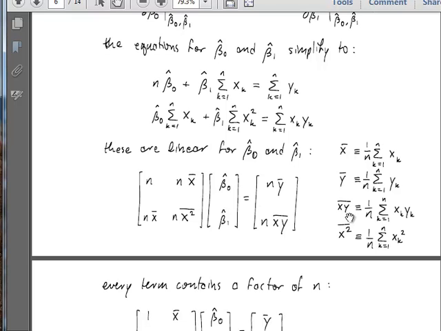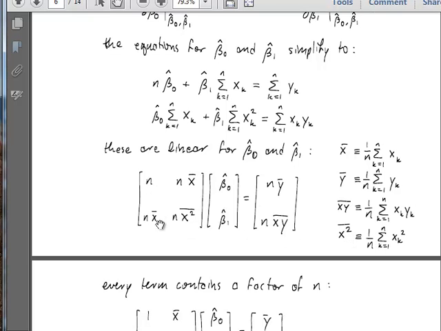And likewise for the covariance, we have x times y averaged across our data set, so this ends up being a factor of n times this thing that you see written here. And we can also write the squared independent variables summed, by this identity, as just n times the average of this x squared variable.